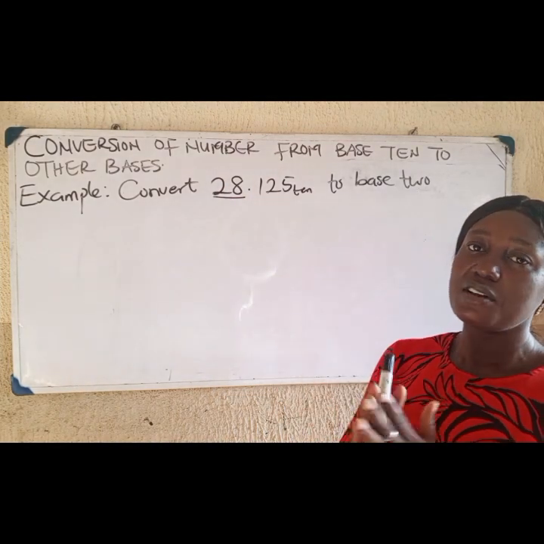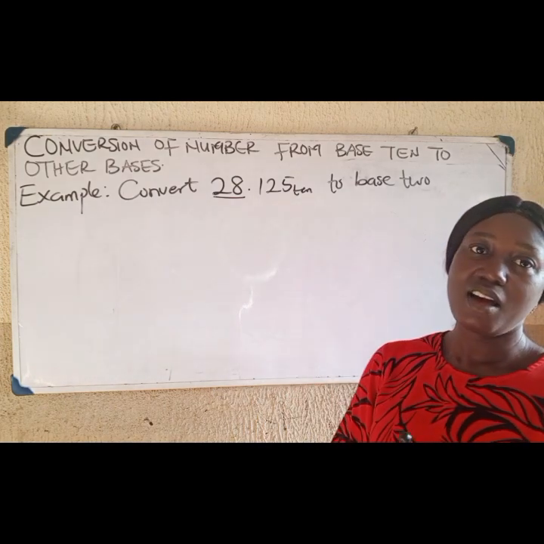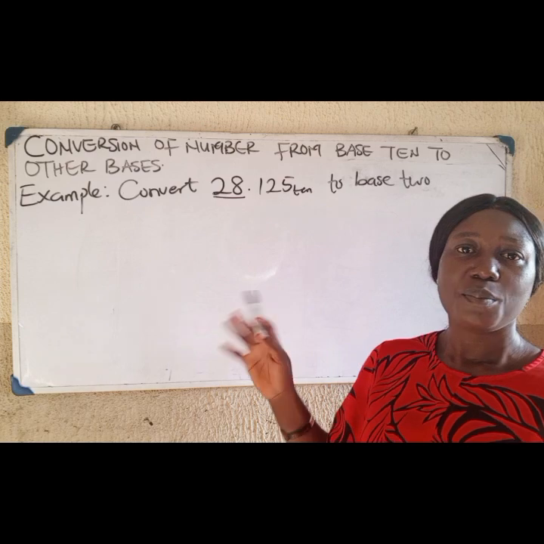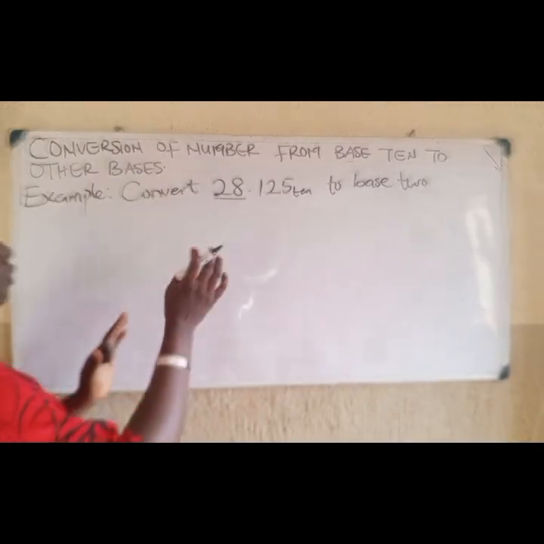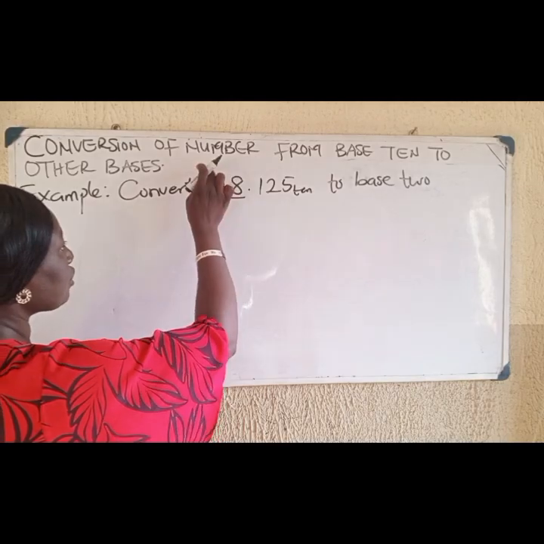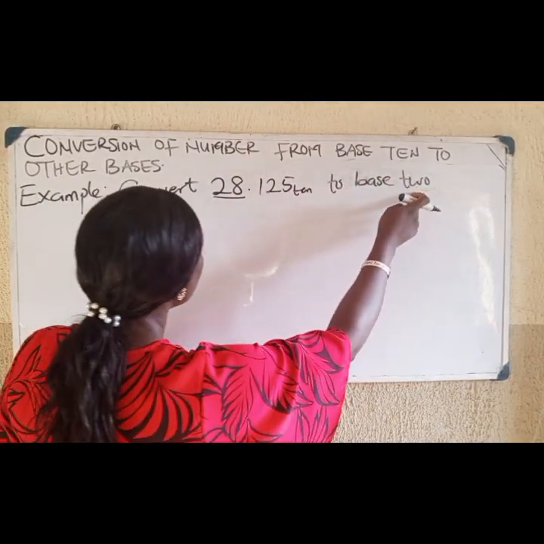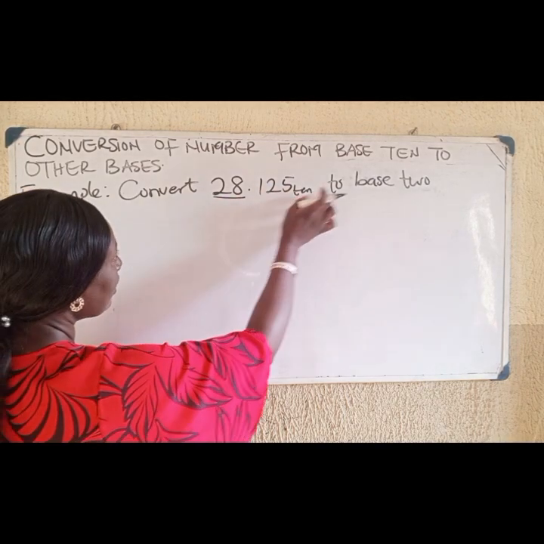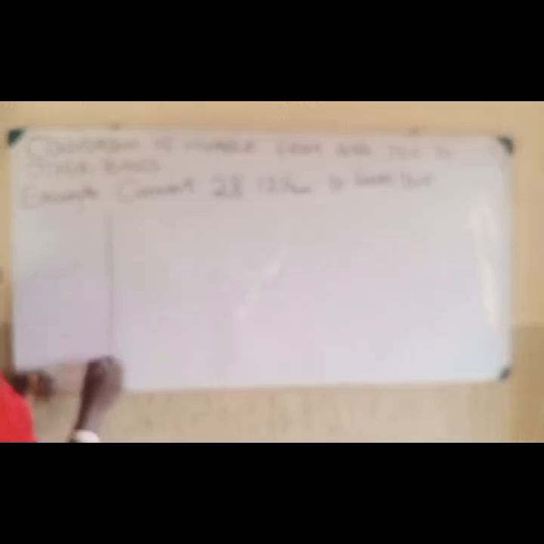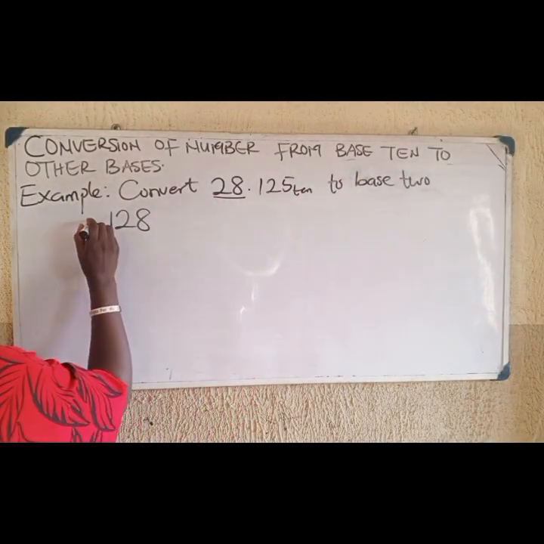It's very simple, because once children see a decimal point, they will shout, but it's very simple. First of all, I'll take the whole number to base 2. Later, I'll take the decimal part to base 2. So taking this whole number to base 2, I'm going to divide 28 by the base, which is 2.